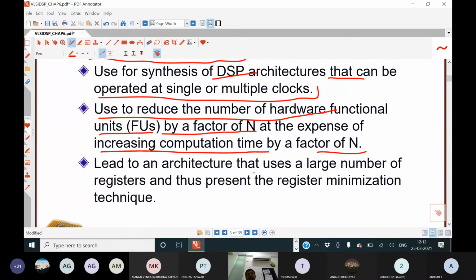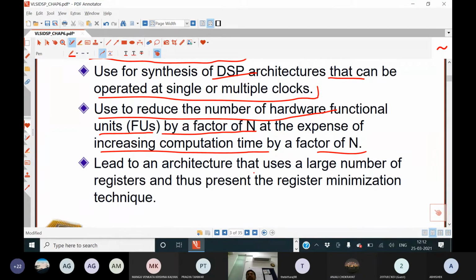Okay. So what we were discussing is that if we want to reduce our functional units by a count n, then at the same time our computational time will increase n number of times.